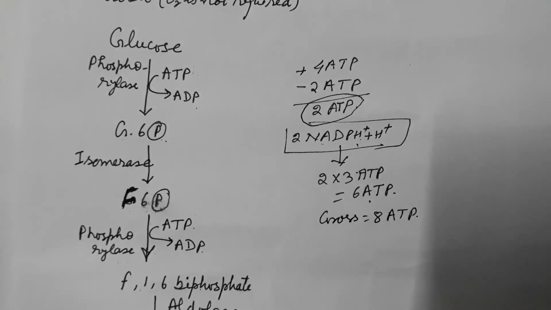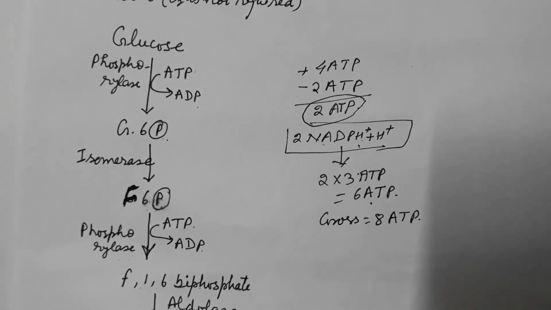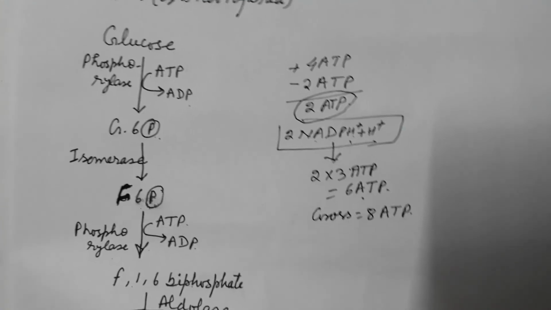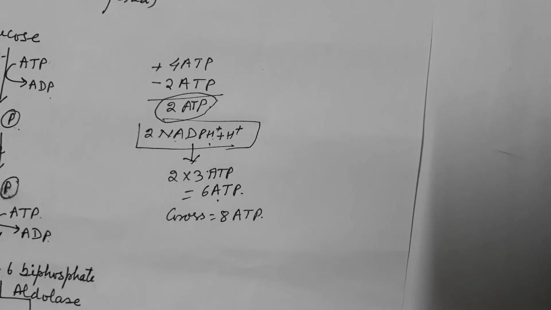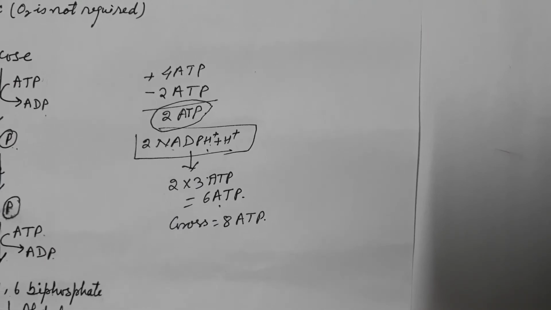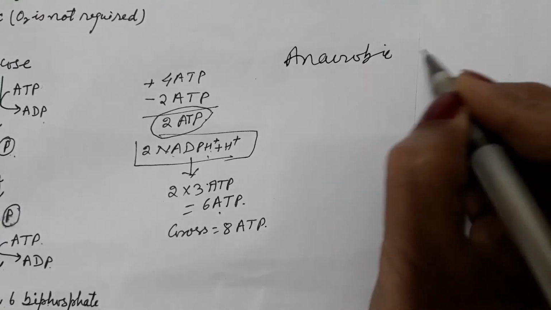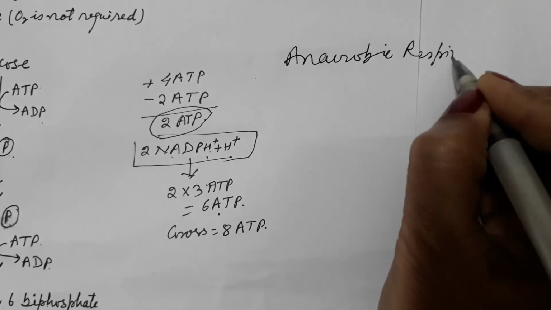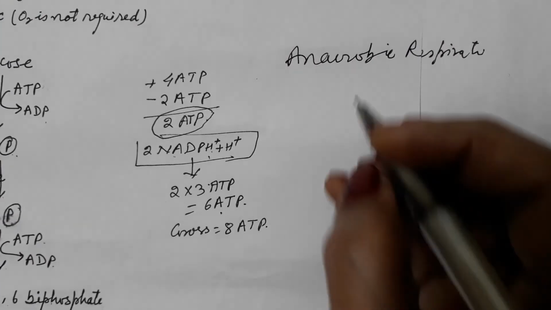But if we compare with anaerobic respiration, what do we observe? Glycolysis is the common step in anaerobic respiration. Also, glycolysis takes place in anaerobic respiration. What happens in anaerobic respiration?